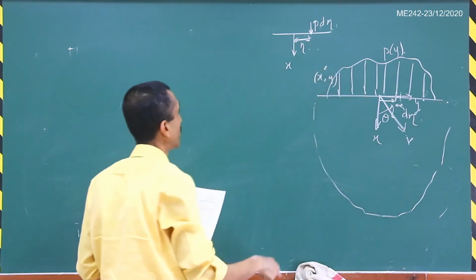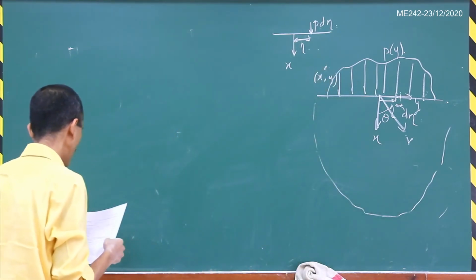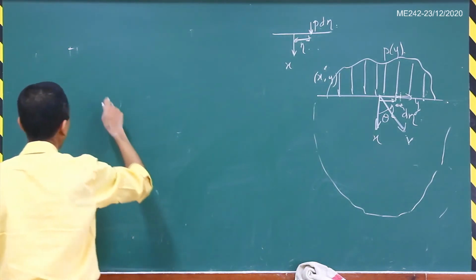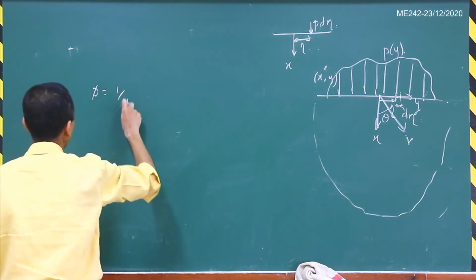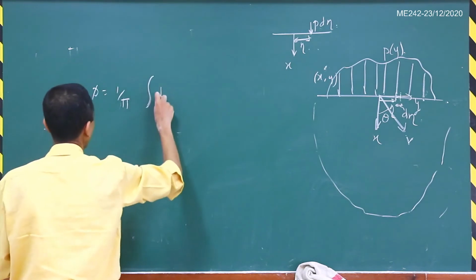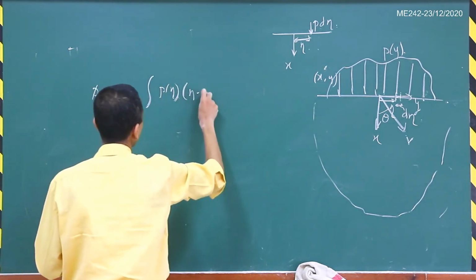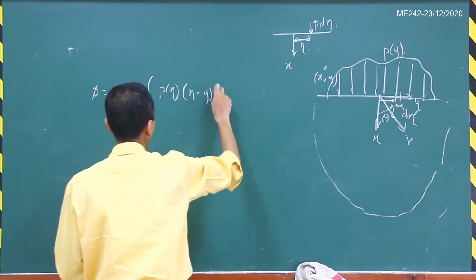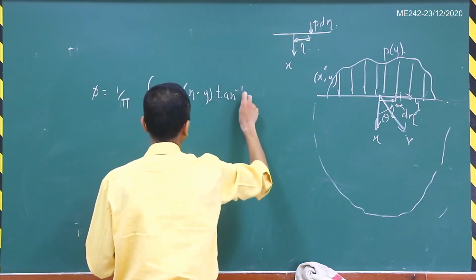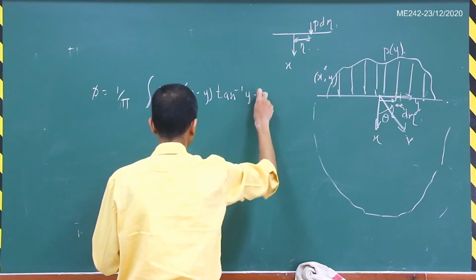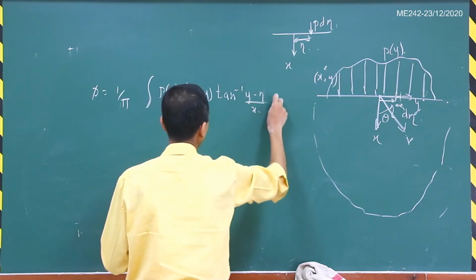From the previous solution, what you will get is phi is equal to 1 by pi times the integral of P of eta times (y minus eta) times tan inverse of (y minus eta) divided by x, d eta.